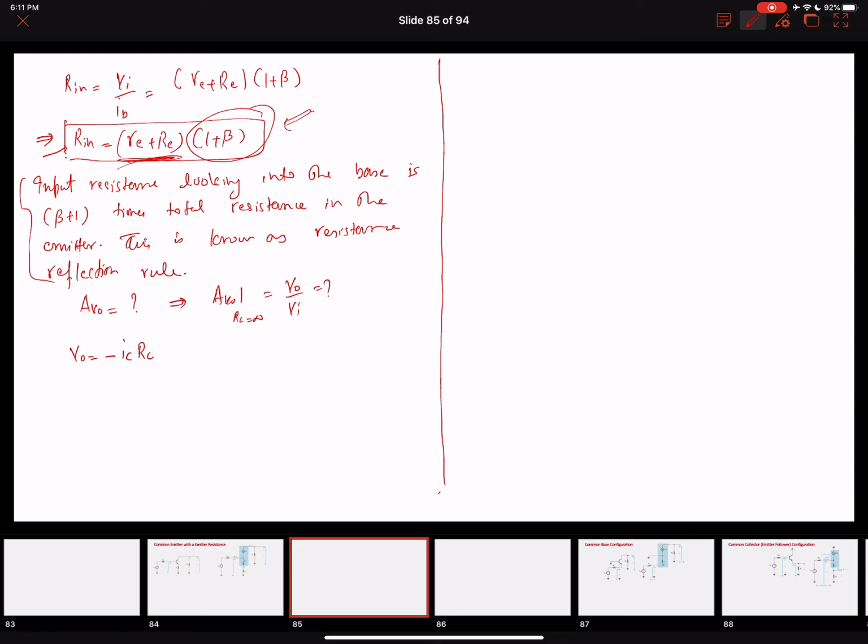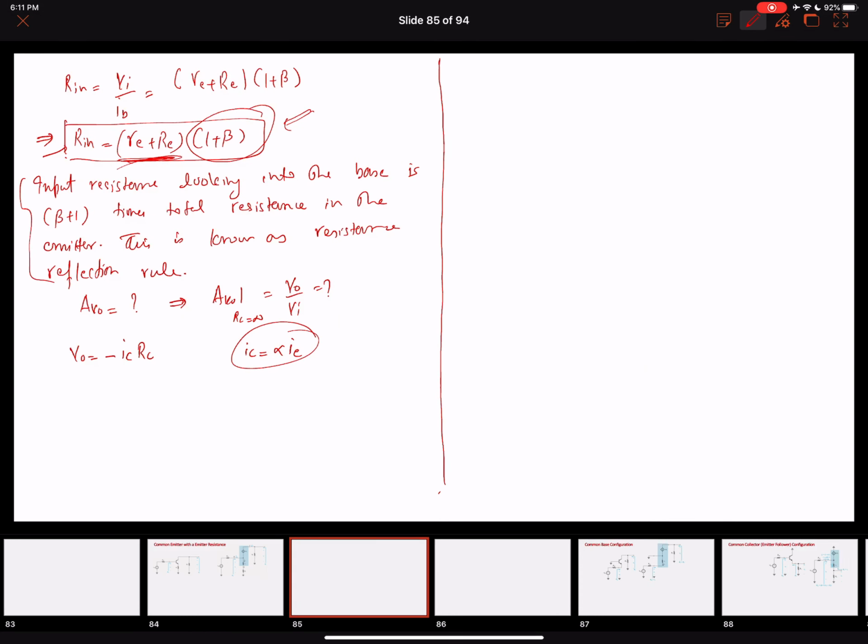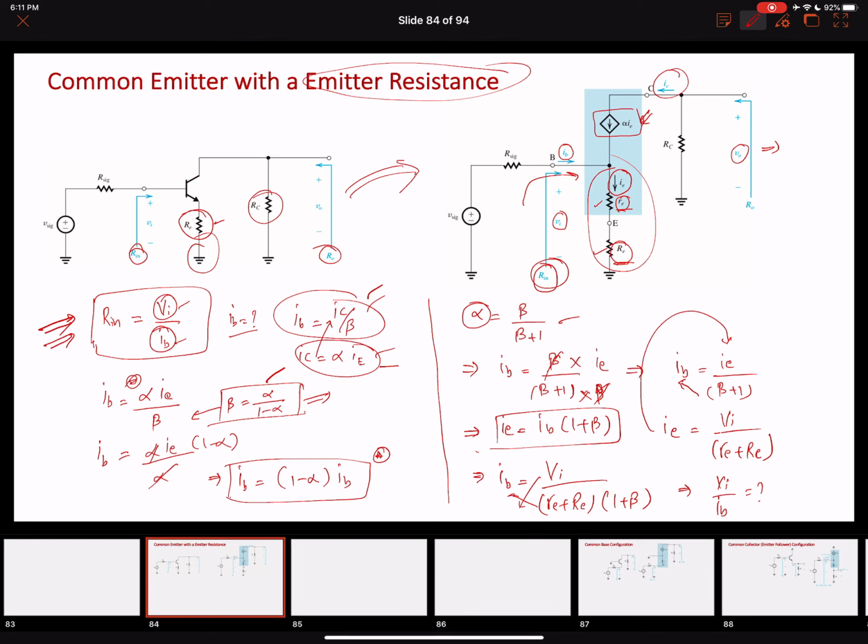And now we know the value of IC, which is alpha times IE. So we can replace this value over here: V0 equals minus alpha times IE RC. Now, we also know the value of IE that we initially determined in the last slide.